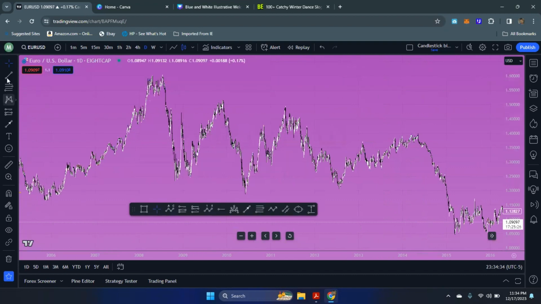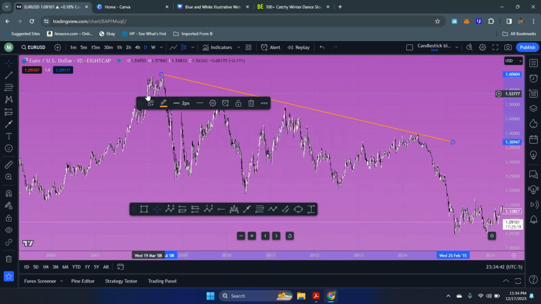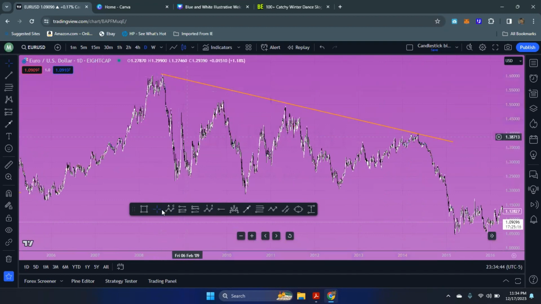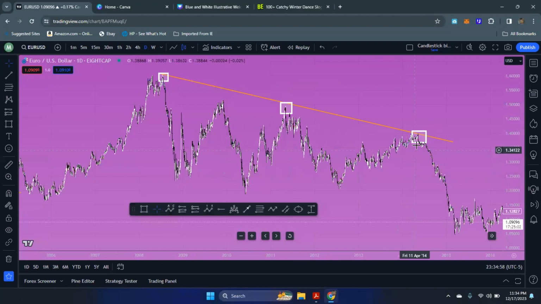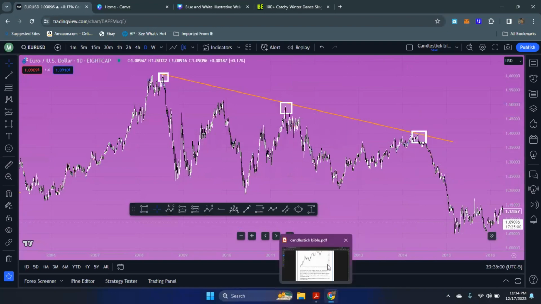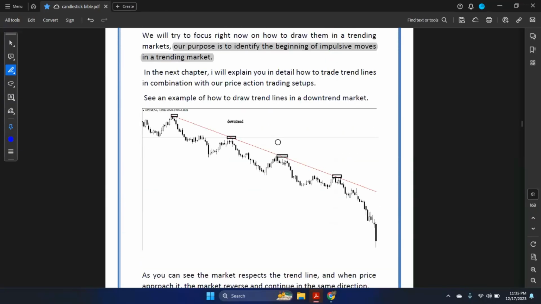That book example of a Dow trend. Okay, doesn't that look like the trend line example for the Dow trend?